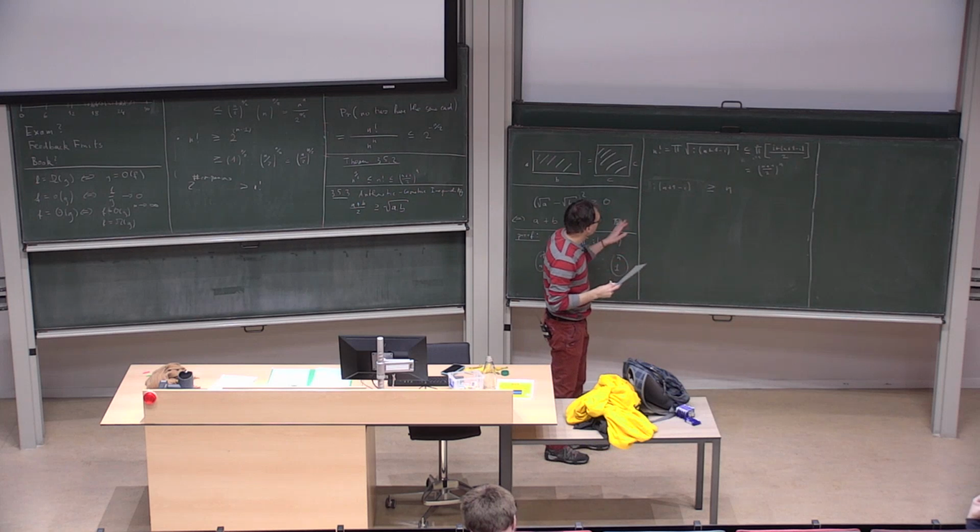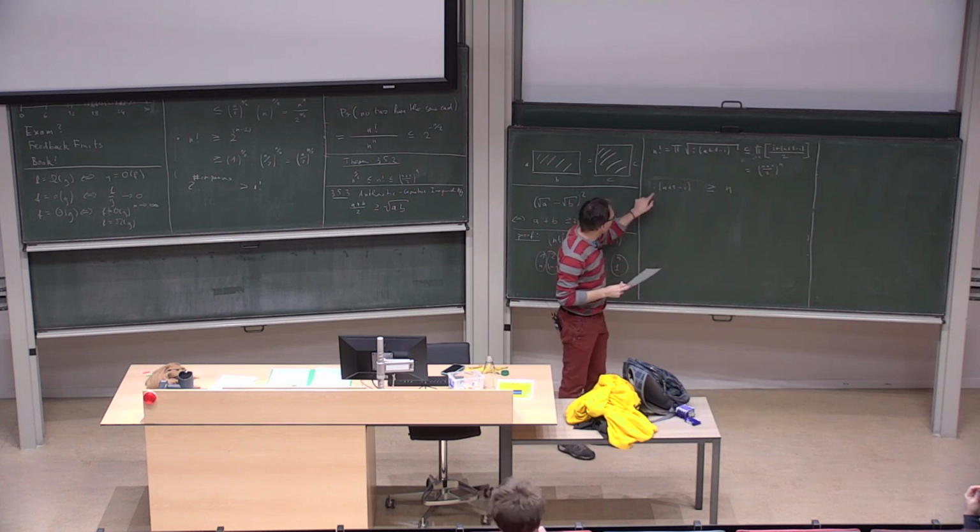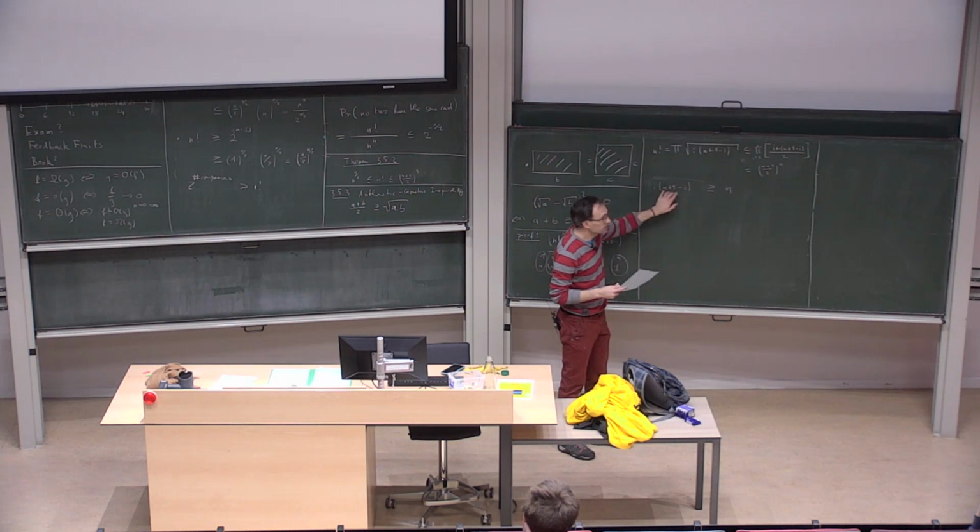And so if i equals 1, then this is just n plus 1. And if i equals 2, then this is larger than n over 2. And so this is 2, so that's true.